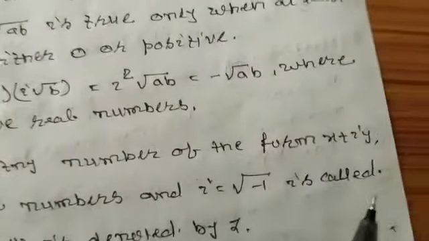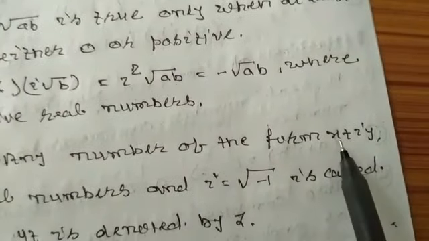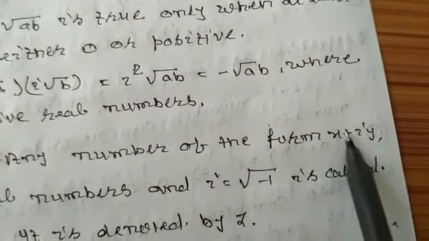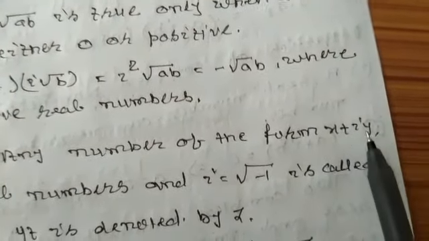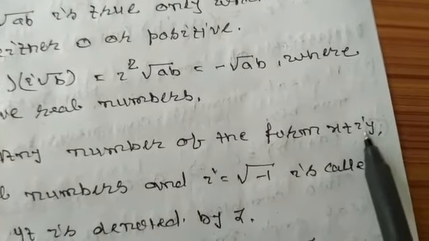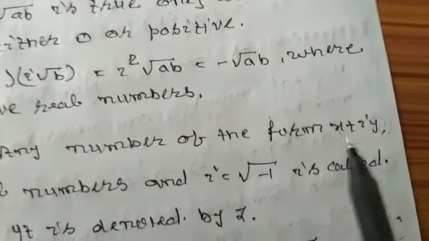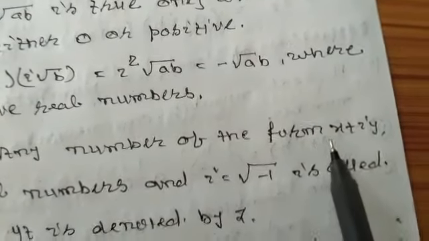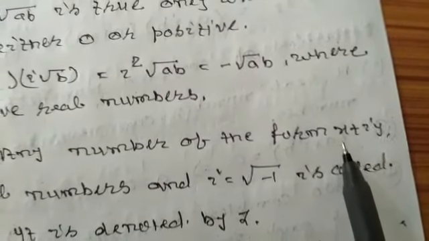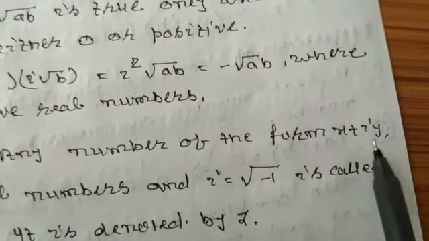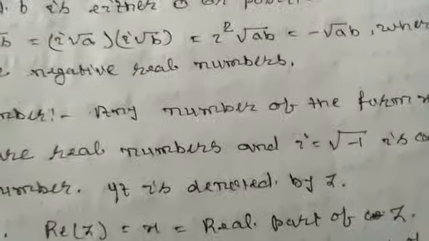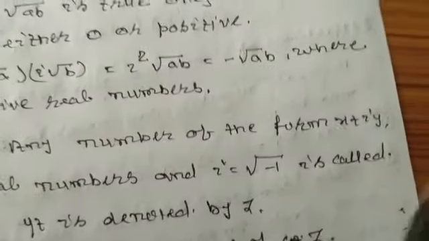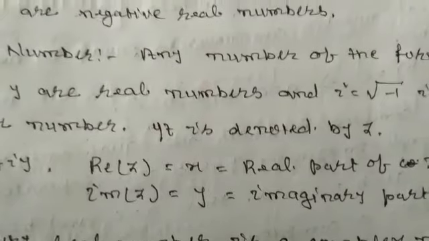So the complex number has two parts. One part without i is called the real part, and one part having i is called the imaginary part. So in the complex number z equals x plus iy, x is the real part of z and y is the imaginary part of z.